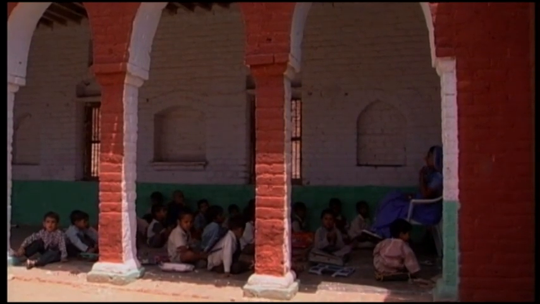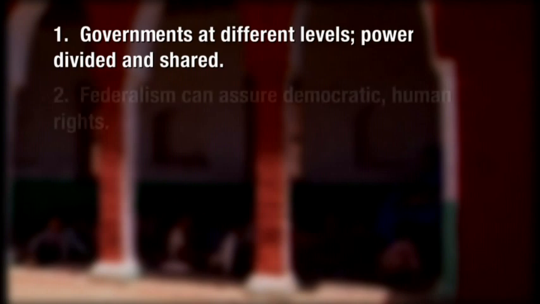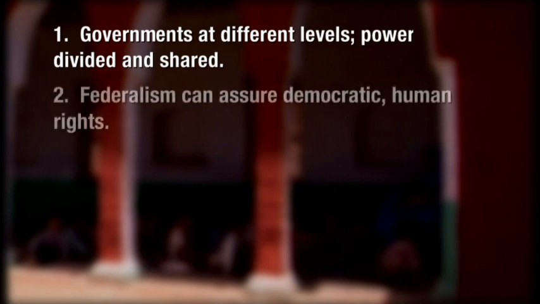Federalism provides the opportunity to have governments at different levels, where power is divided and shared. By dividing government responsibilities and assigning them to different levels or orders of government, such as the federal order and the state-provincial order, federalism can effectively assure the democratic and human rights of the citizens.